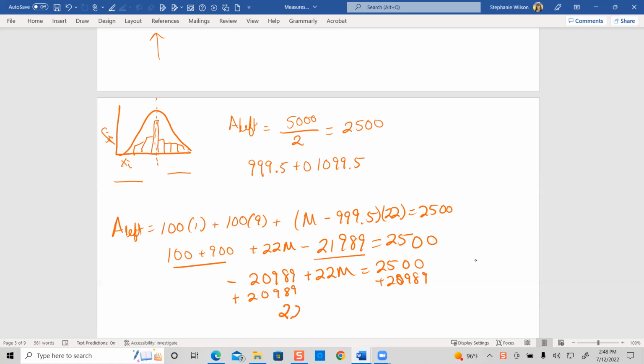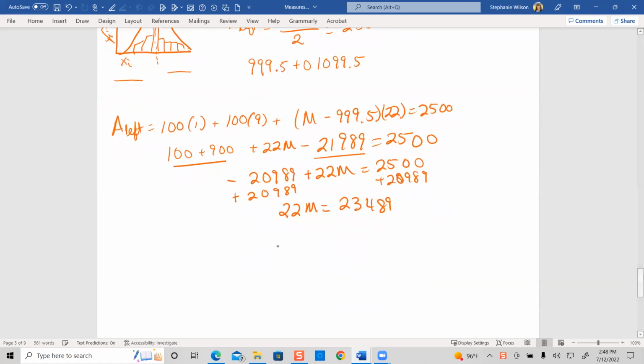So now we got 22m is equal to 23,489. We're almost done. So let's solve for m by dividing by the 22. And we come out with, rounding to the nearest hundreds, and that is our median.